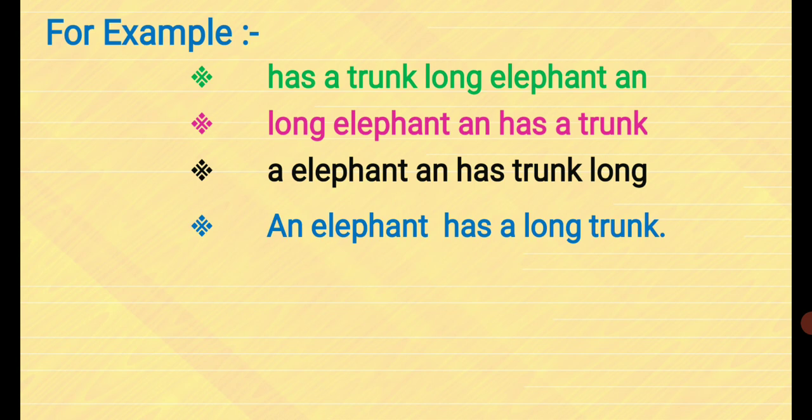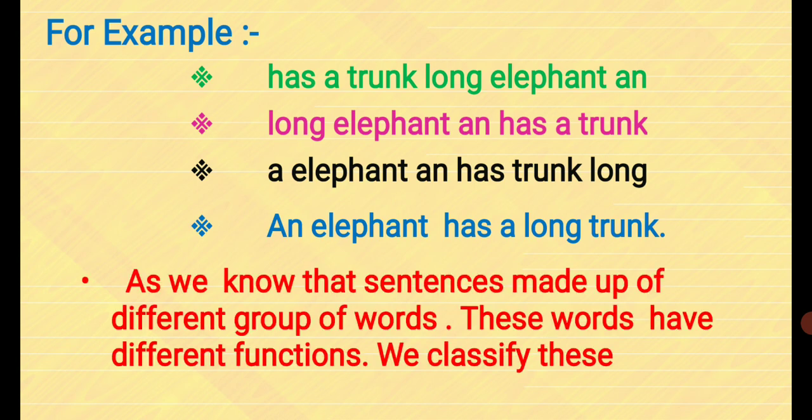So it is the correct sentence. Now we understand that a sentence needs a meaning. Randomly arranging a group of words does not make a sentence, but it needs a meaning and has to be arranged in the proper way.